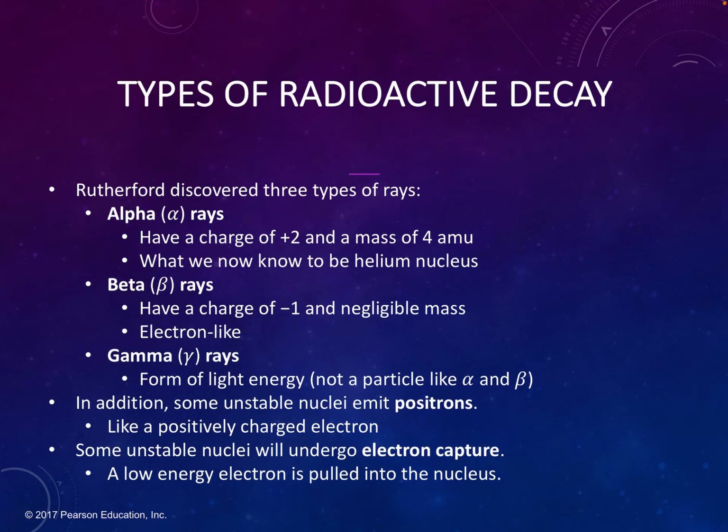Instead of giving off alpha rays, beta rays, positrons, or even light, some can capture an electron. An electron from one of the inner orbitals gets sucked into the nucleus, essentially. So we're going to look at all of these in a little more detail.